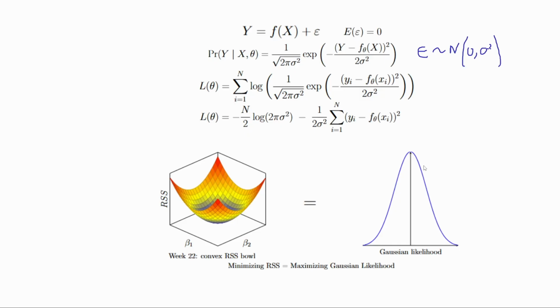So why did I claim earlier that maximum likelihood estimate is a more powerful framework than just this intuitive geometric interpretation on the left-hand side? Well, the reason is that this Gaussian assumption here, we don't have to choose, we don't have to assume this is true. We can assume something else is true about these error terms. So let's do exactly that. Let's make a different assumption and let's see what we get.